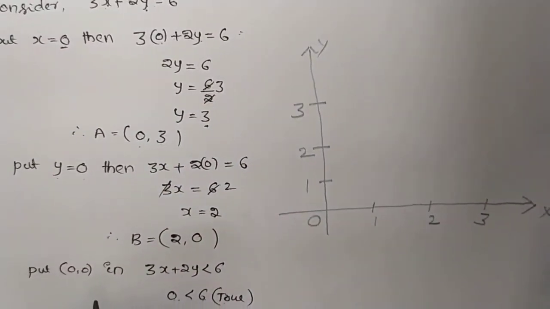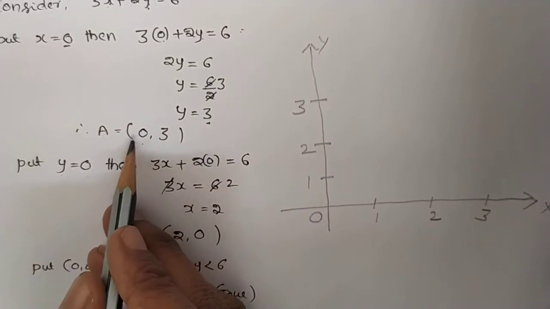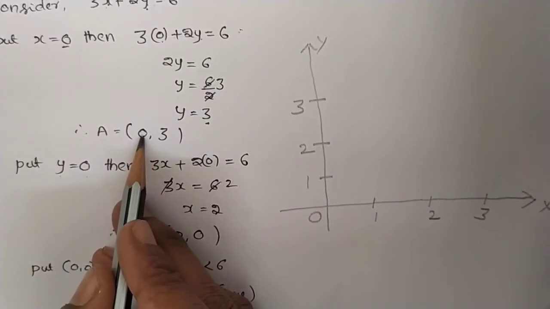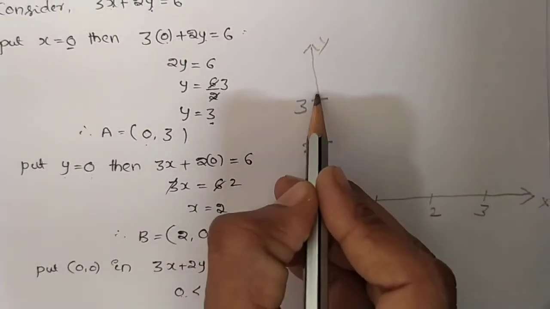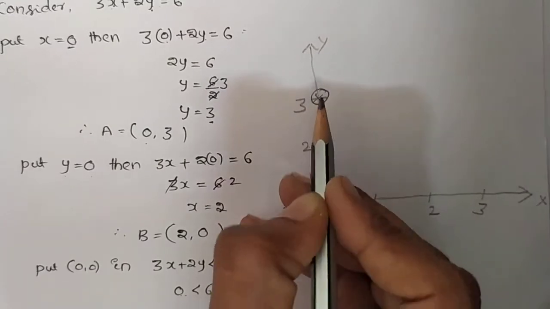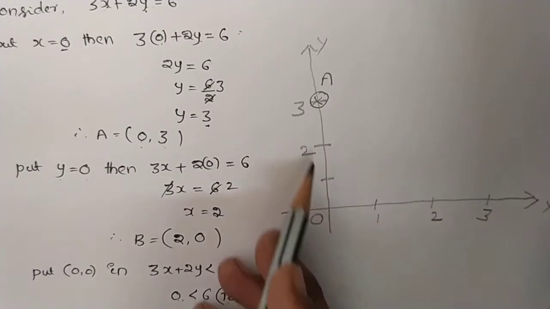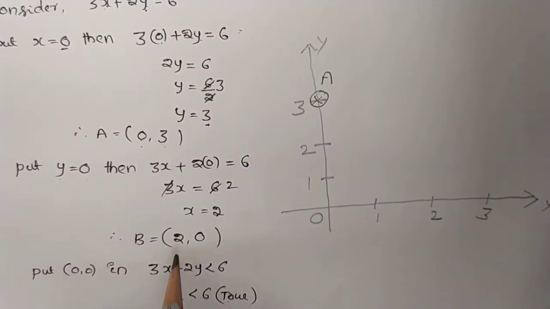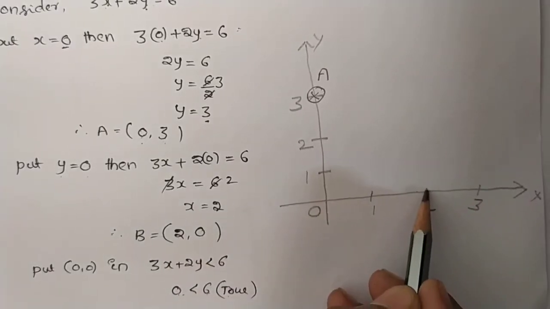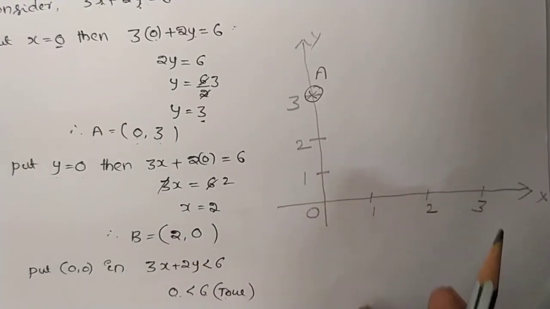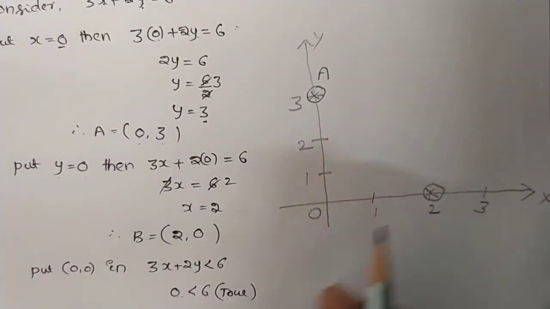By using the points, draw the line. First vertex A is (0, 3), x 0, y 3. Now let us move on to B, x 2, y 0.